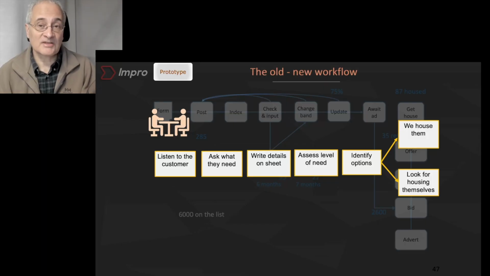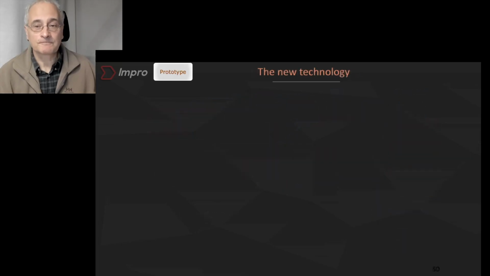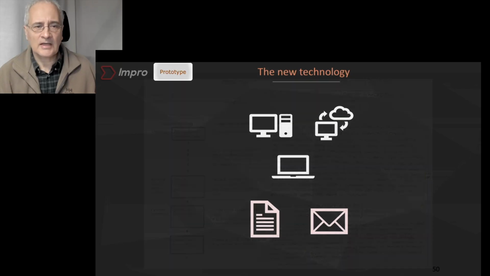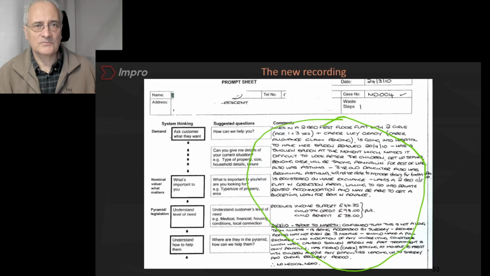So basically, we ended up focusing just on the value steps, which is perfect, which is really getting rid of all that other bureaucracy that we just didn't need to do anymore. So we ended up shifting from using all of this technology and processes and rules, and we ended up using, in the prototype at least, an A4 sheet of paper where we would record all the information down.